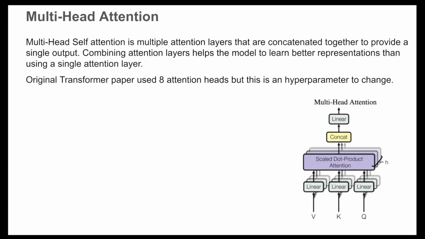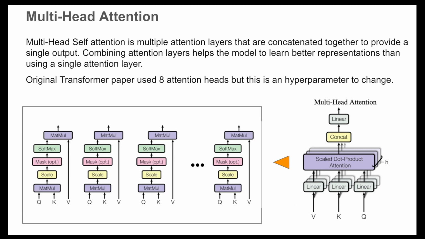You might have heard of multi-head attention and wondered what it is. Well, multi-head attention is nothing other than multiple attention layers that are concatenated together to provide a single output. Combining attention layers helps the model to learn better representations than merely using a single attention layer. The original transformer paper used 8 attention heads, but this is a hyperparameter to change.